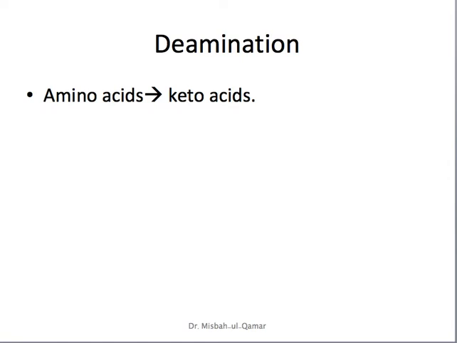Some deamination can occur in other tissues of the body like kidney, but mainly it occurs in liver, whereas branch chain amino acids are primarily metabolized by skeletal muscle. Keep in mind that a large amount of ammonia is also formed in the process of deamination.